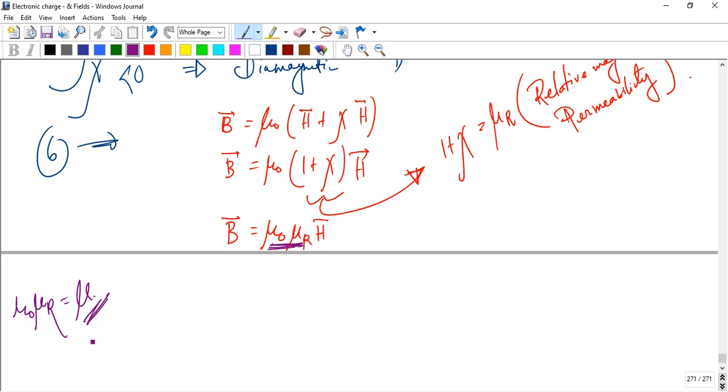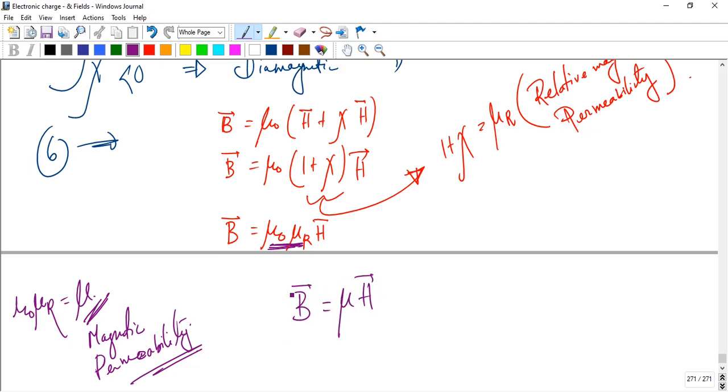This mu is called magnetic permeability. And now we finally get B equal to mu H.